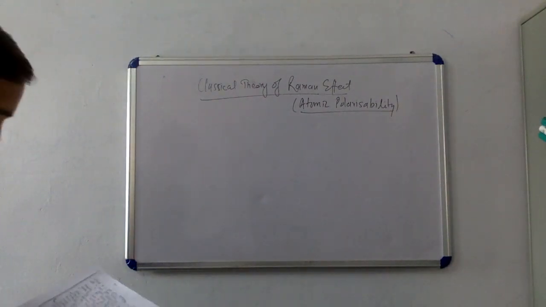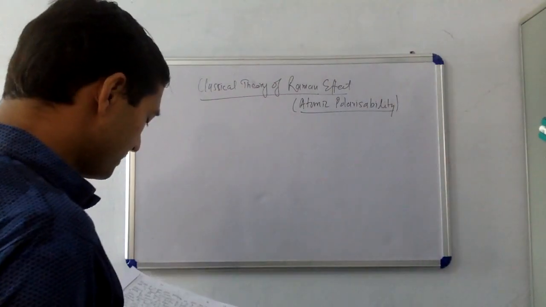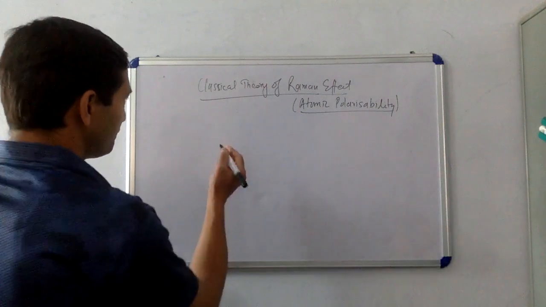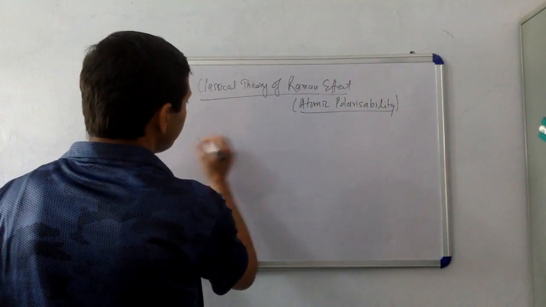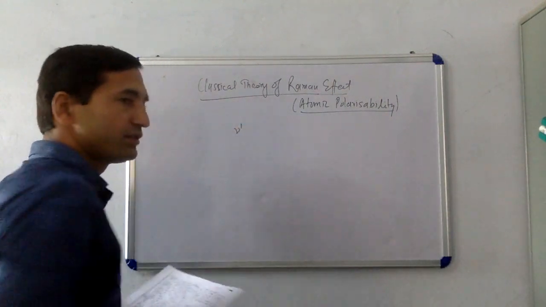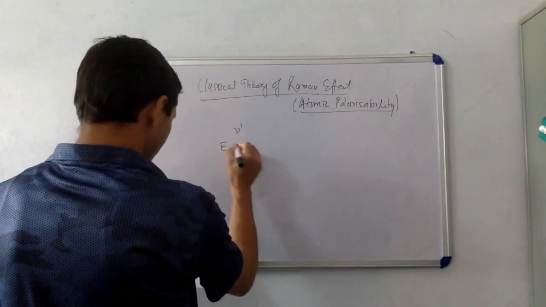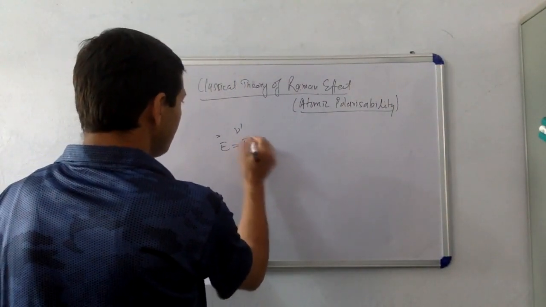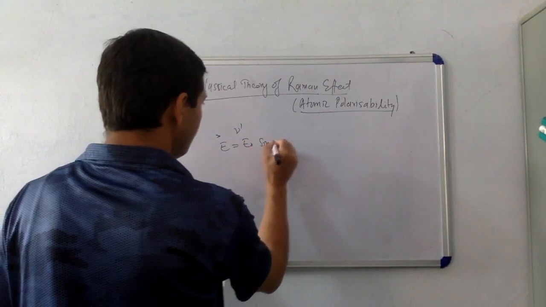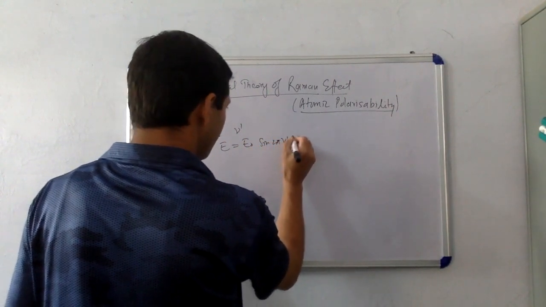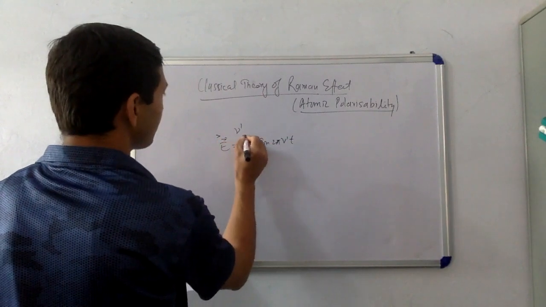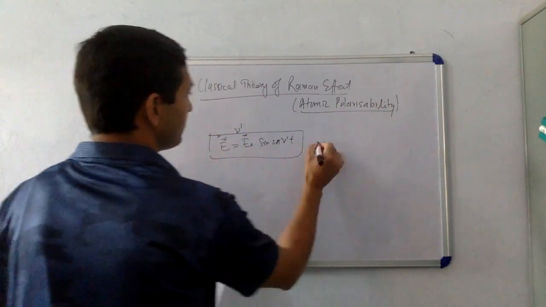Suppose the intense field associated with the light beam comes with frequency nu prime. Then this E is equal to E naught sine 2 pi nu prime t. This is my field, and these are vectors. Equation number 1.